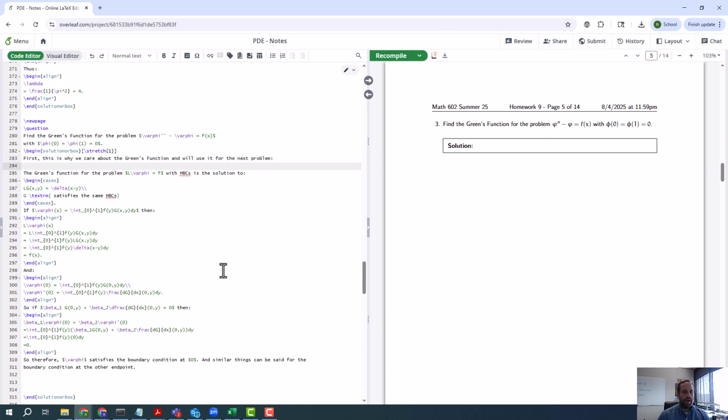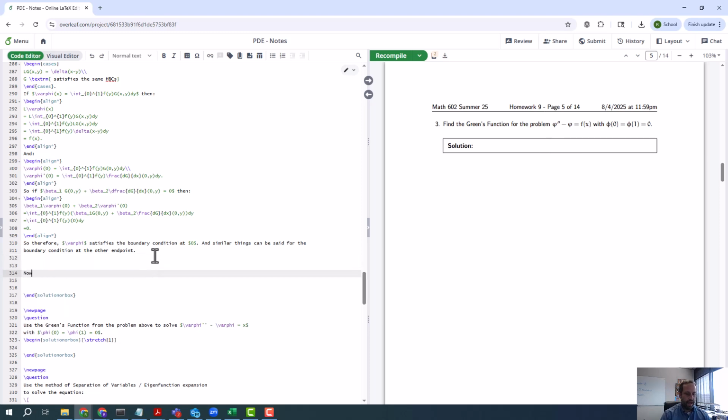Now let's find the Green's function. I should say this is the work for this problem. In other words, everything I did before is not part of finding the Green's function. That's just explaining why we care about it.